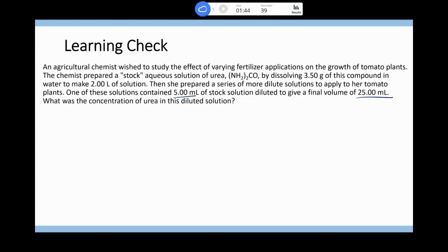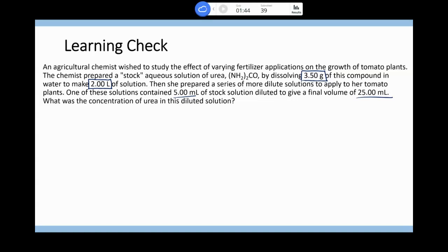So we need to find the molarity of the stock solution. The information required is the grams of urea dissolved to make that stock solution, and 2 liters.